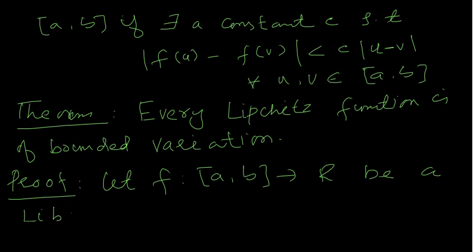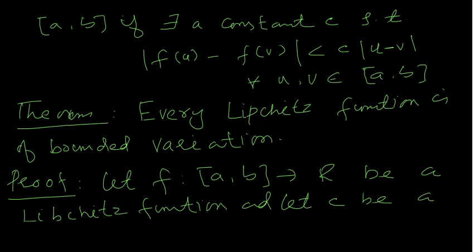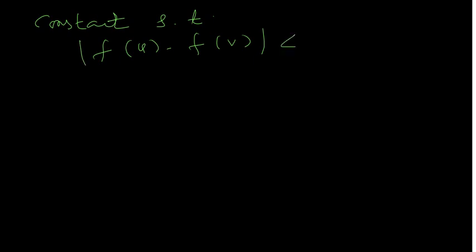Let C be a constant such that the mod of f of u minus f of v is less than C times mod of u minus v for all u, v belonging to the interval [a,b].